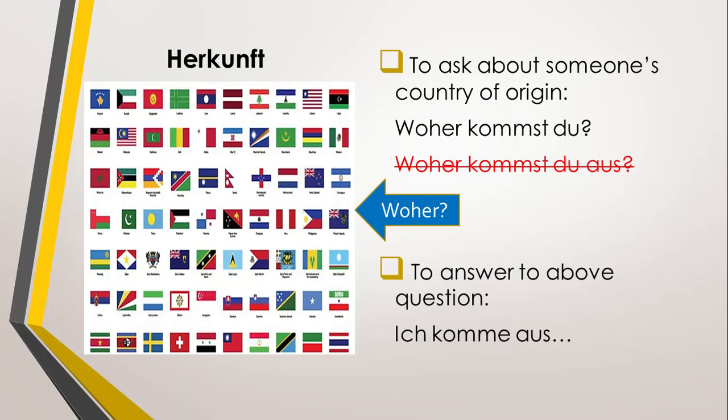Because in English also we will just ask, where are you from? So do note that in these aspects, German and English language have similarities because the question or the sentence must make grammatical sense.